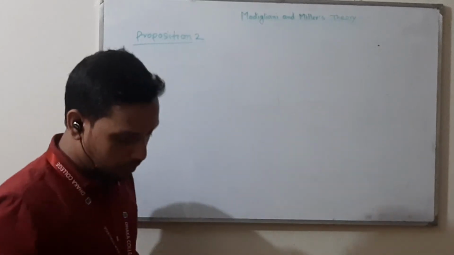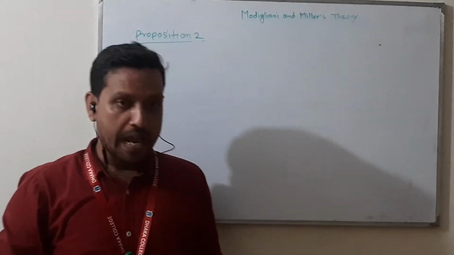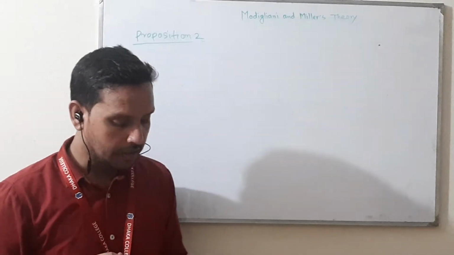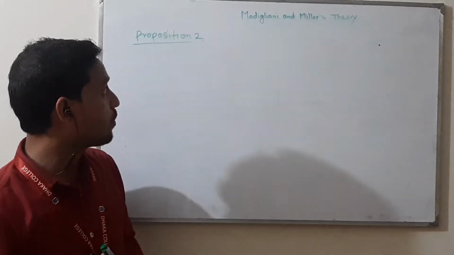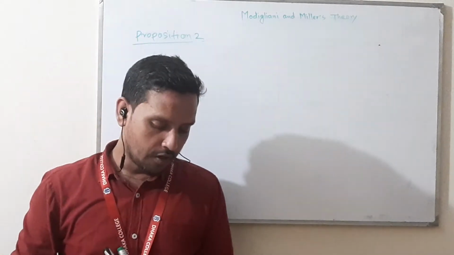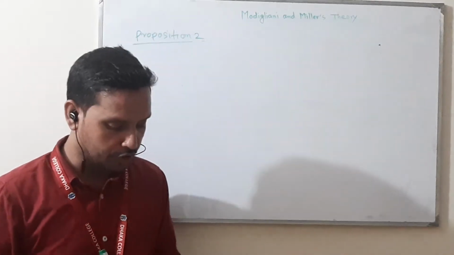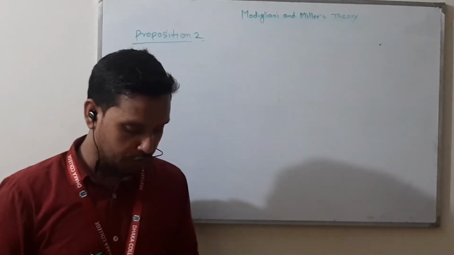Okay, dear students, the Modigliani and Miller model suggests how to bring out the overall cost of capital, I mean KO, of levered and unlevered firm in the second proposition.